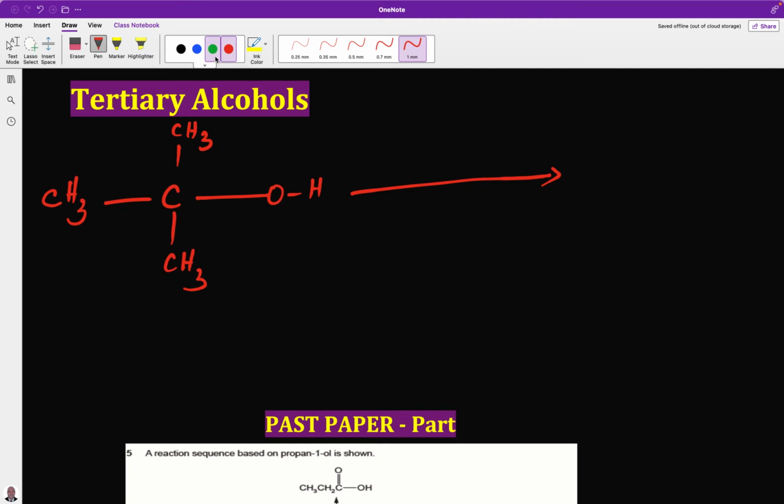Under all the conditions, using acidified potassium dichromate or acidified potassium manganate 7 solution, there will be no reaction.